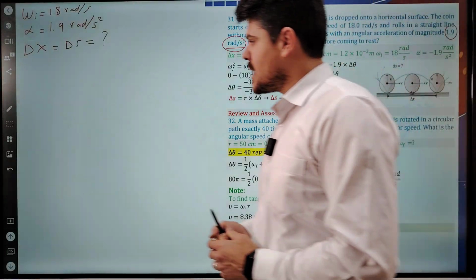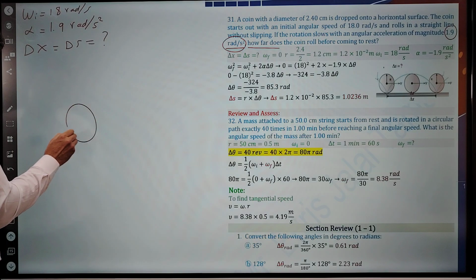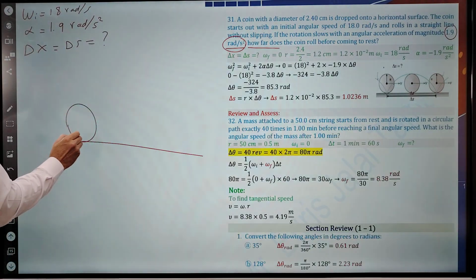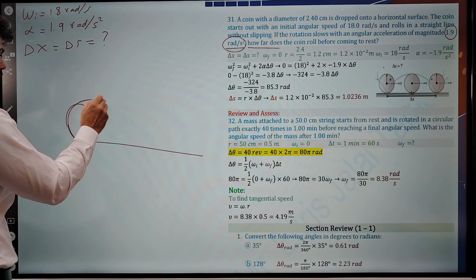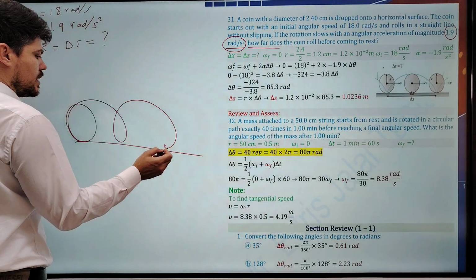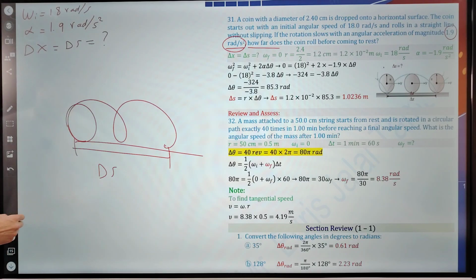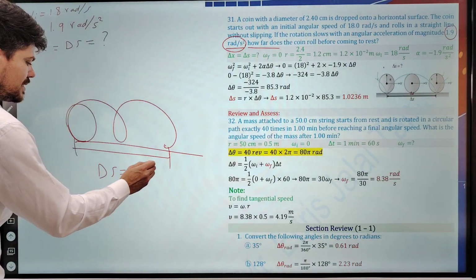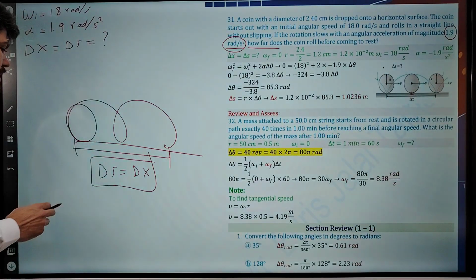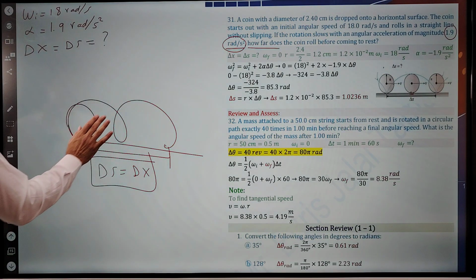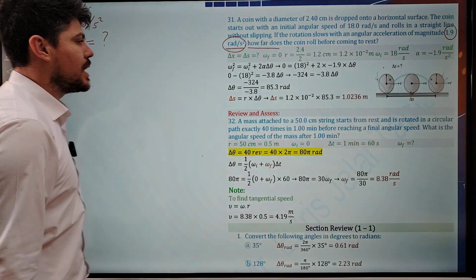For example, for one complete cycle, if the coin starts rotating from here, one complete cycle takes, for example, this arc length, which is equal to delta x. So that is why delta x and delta s are directly proportional. More arc length, more distance covered by the coin.